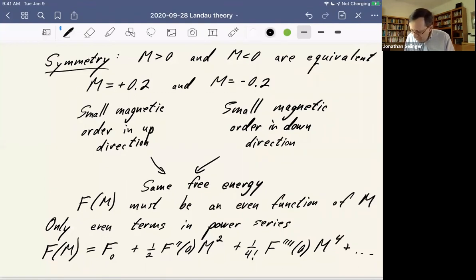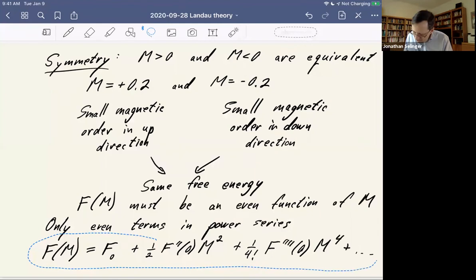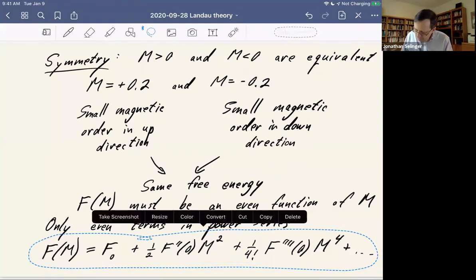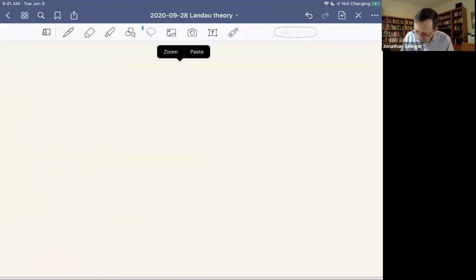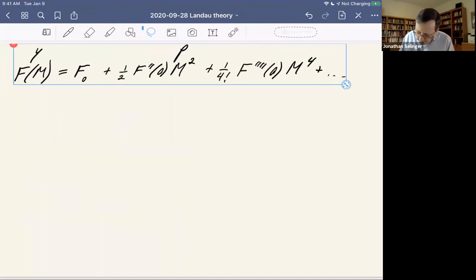Now, let me do a change of notation just to make things a little bit simpler to work with, all right? So let me lasso this and copy this onto the next page. All right.